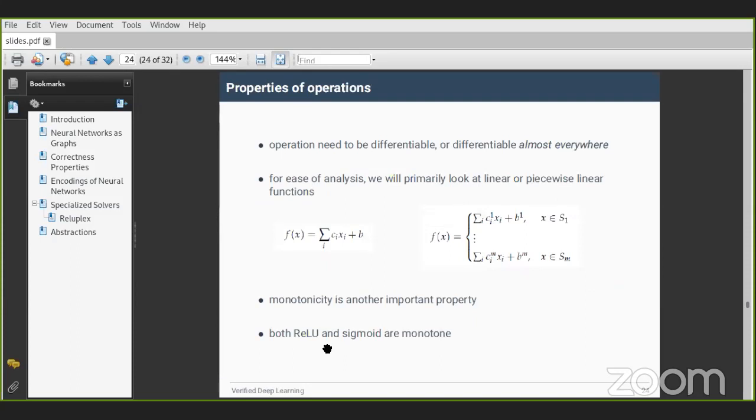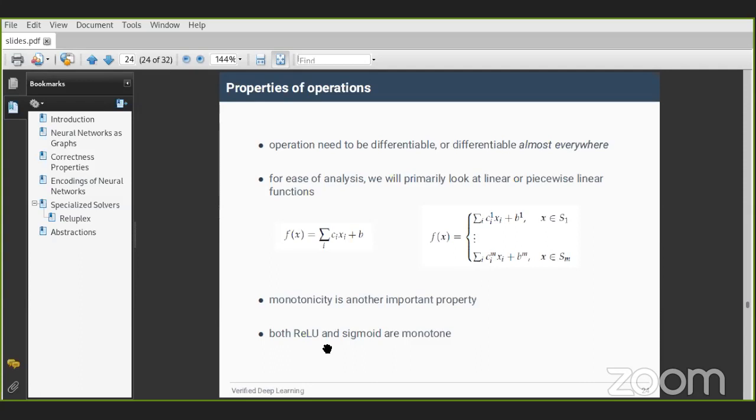Another important thing before we move to specifying properties about neural networks is the property of these operations, the operations that we are doing. What are the operations that we are doing? We are doing this transformation and activation. So the operation needs to be differentiable.